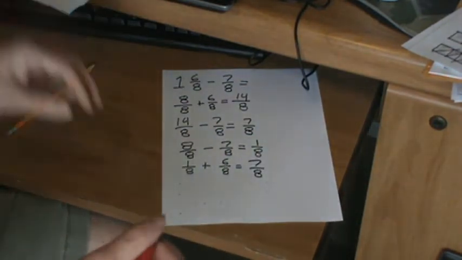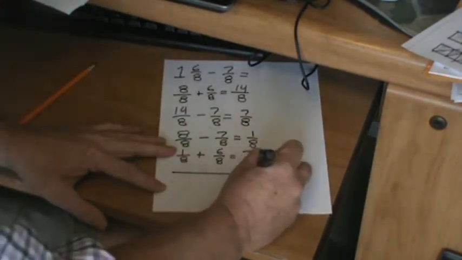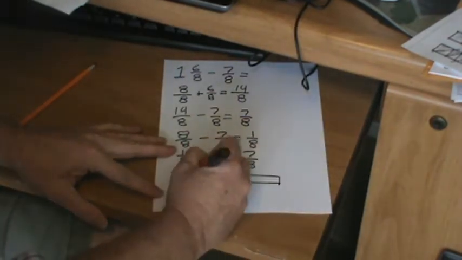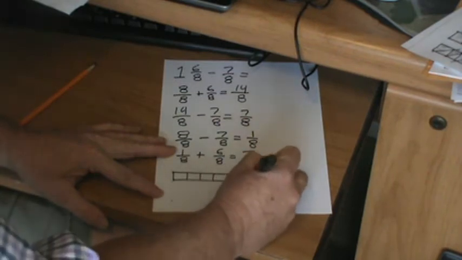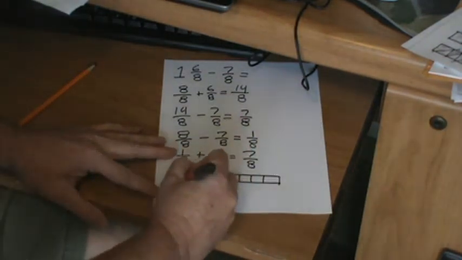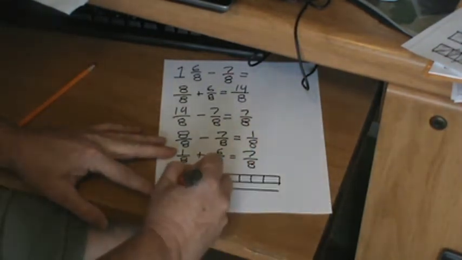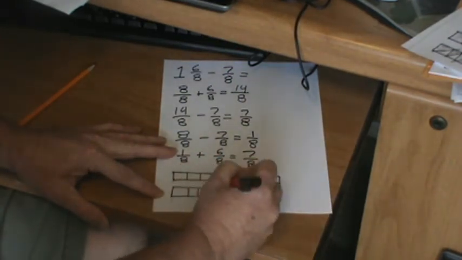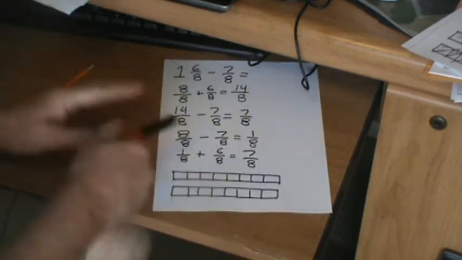And we can show this on a tape diagram too. Let's go ahead and make our tape diagram. We're going to break this into 8 parts. 1, 2, 3, 4, 5, 6, 7, 8. Remember, mixed number, 1, 2, 3, 4, 5, 6, 7, 8.